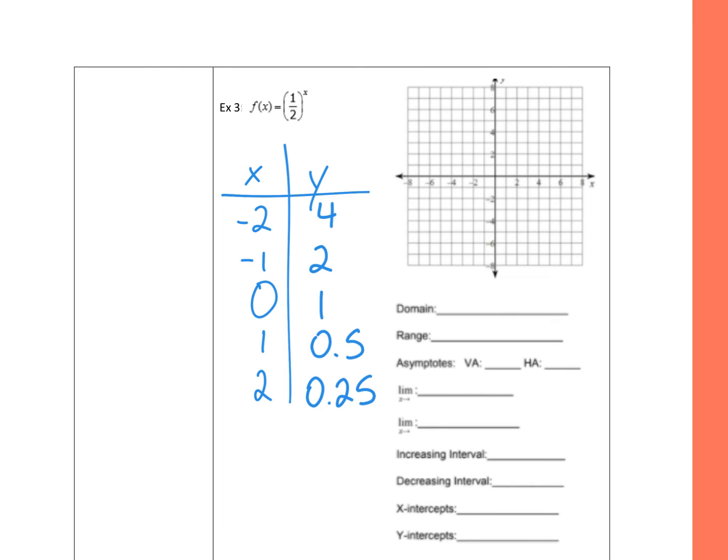So now we plot these points, right? My asymptote on this one is at 0. No vertical asymptote. So that makes sense that my points are all getting close to that axis.